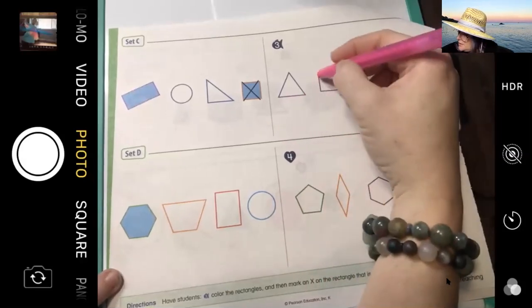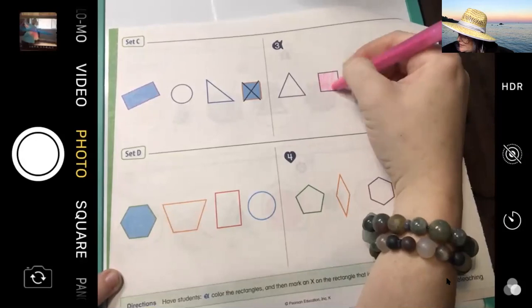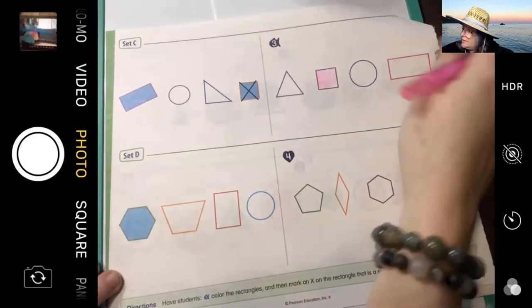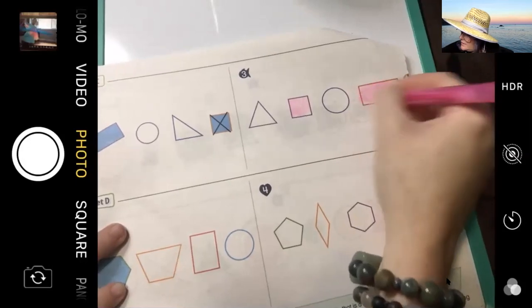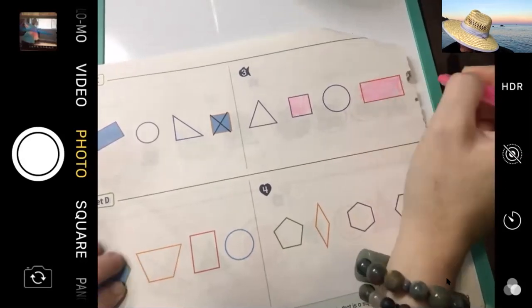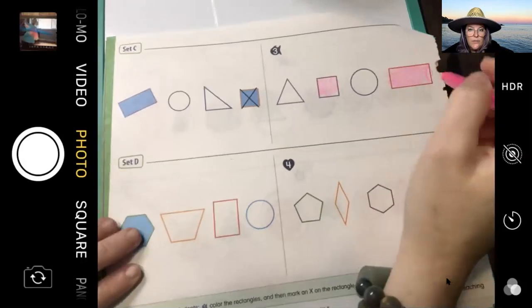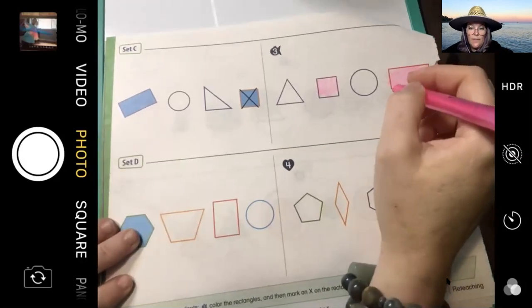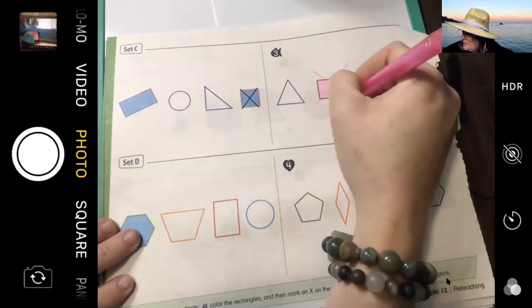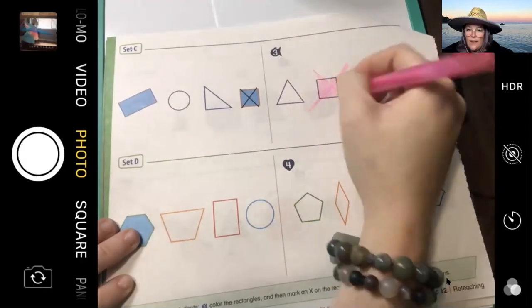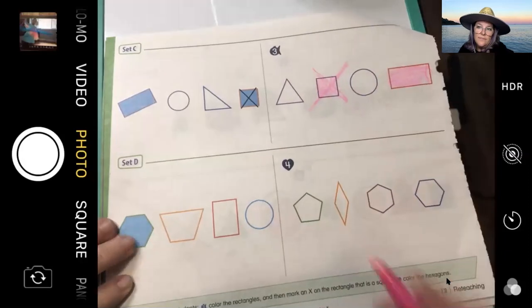Okay, so that's a rectangle. And this is a rectangle. And now it says put an X on the rectangle that is also a square, right? Here is the square rectangle because squares have 4 equal sides.